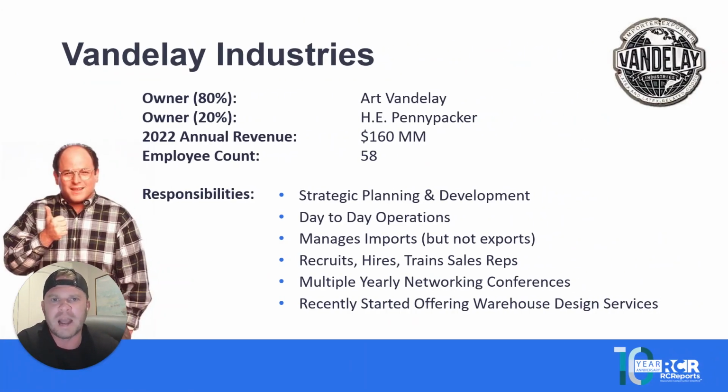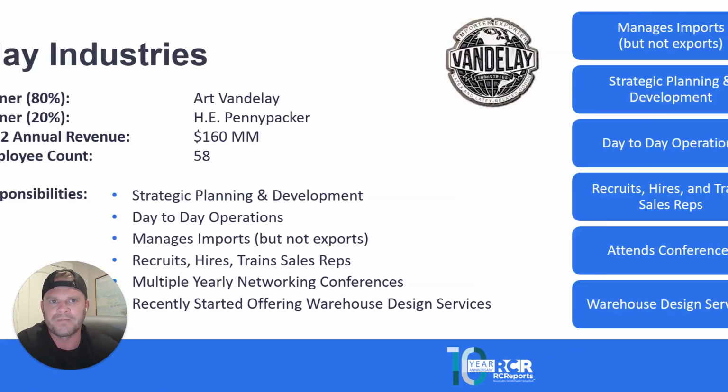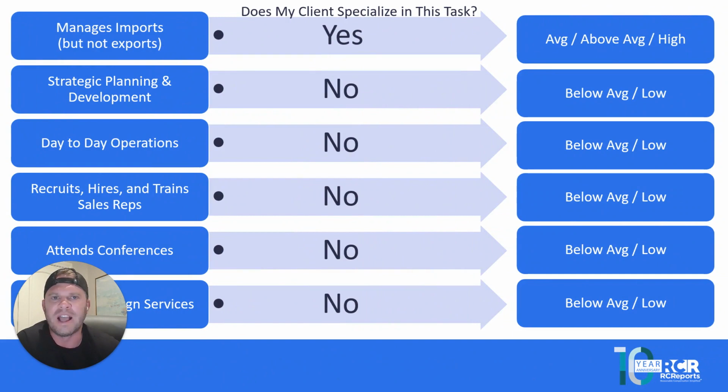Now, we're going to use an example today of Art Vandelay. I have all of the tasks that he does in his day-to-day business, and I want to go through these tasks and determine what his proficiency is. Art Vandelay, as we probably saw in his logo, is an importer and exporter of latex, which he also manufactures.